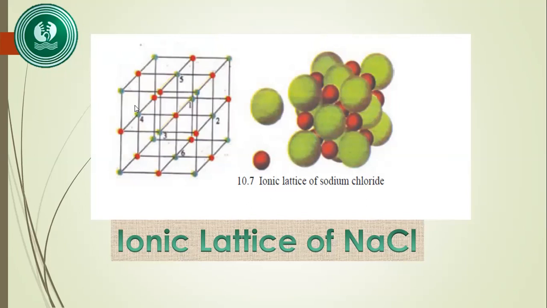The red balls are the sodium ions, and the sodium ions are surrounded by 6 chloride ions. The green balls are the chloride ions, and each chloride ion is again surrounded by 6 sodium ions. Like that, this ionic lattice is built up. So it is in the lattice form, not a simple molecule.